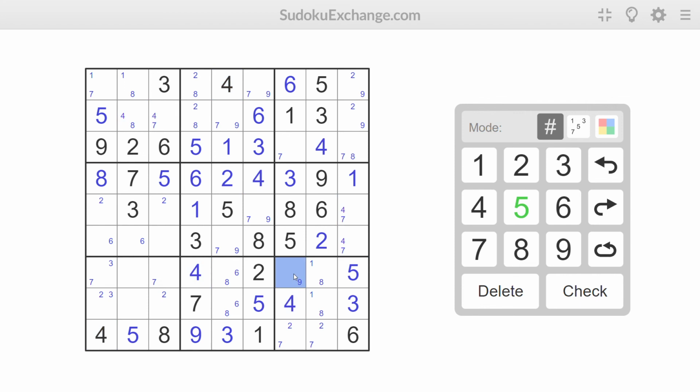This is the only place in this box which can have a 9. Put in a 9 here, 9 here, a 9 here. Make sure only these two spots can have a 9. This cannot have a 9 because of this 9 here.